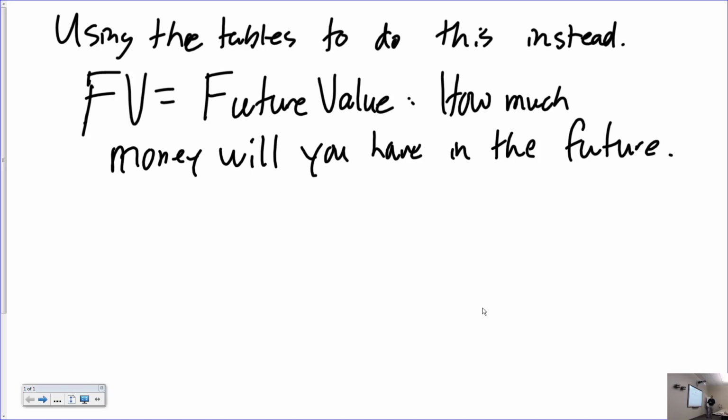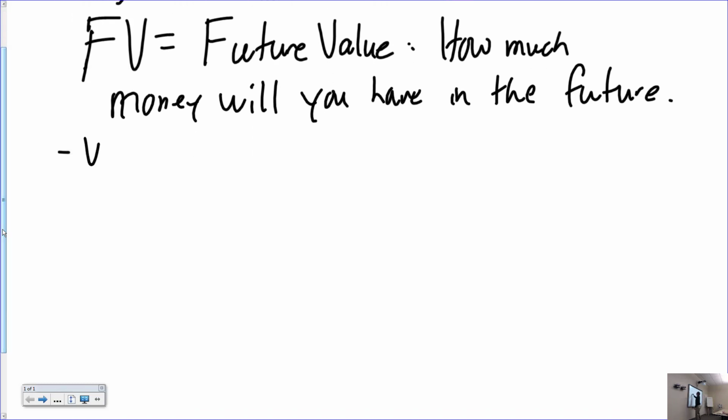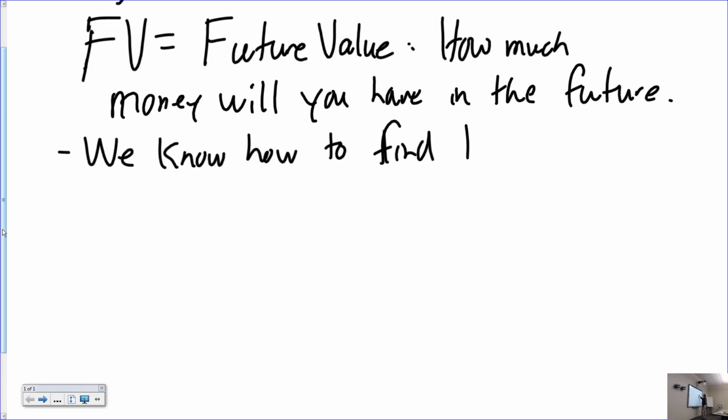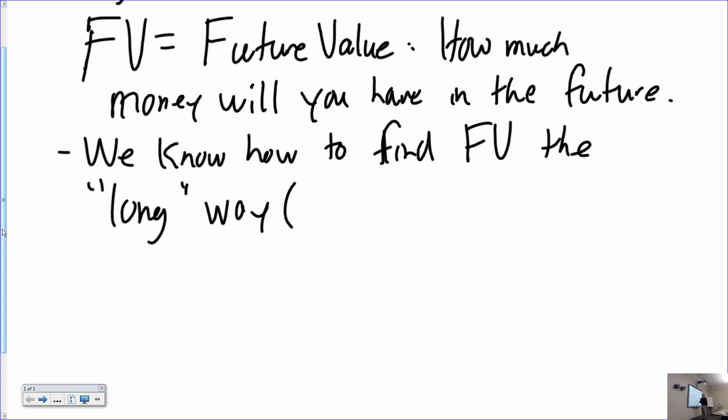So, we know the long way, right? We know how to find future value the long way. Please note, folks, that technically the long way is also the exact way.